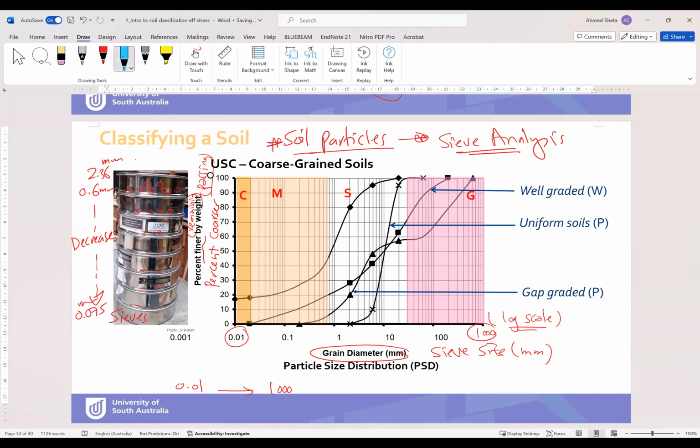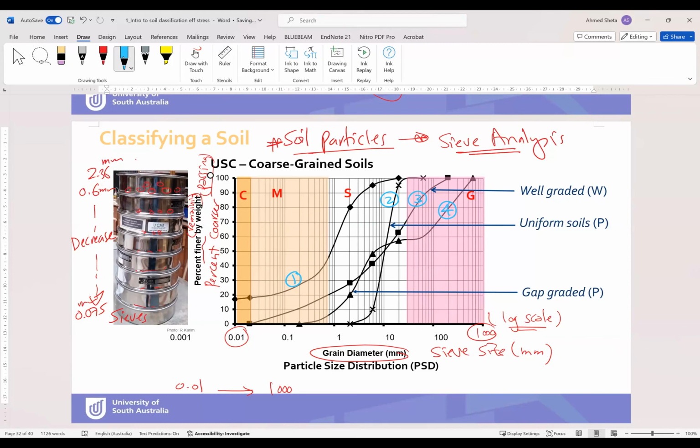Anyway, if you look at this curve, we have 4 examples of soil. This number 1, this number 2, this number 3, this number 4. What do you think? Which one is poorly graded, which one is well graded, and which one is uniform?